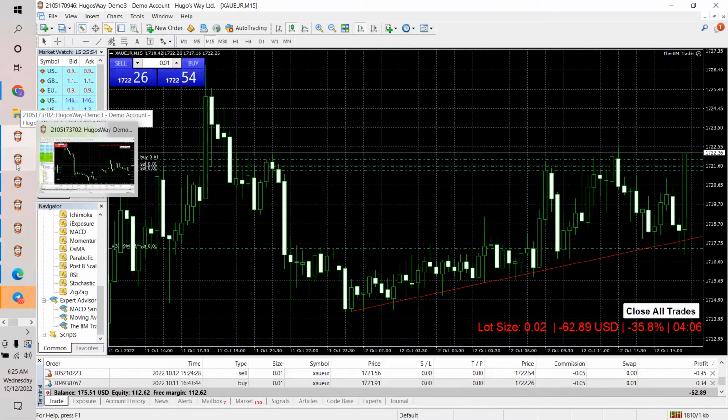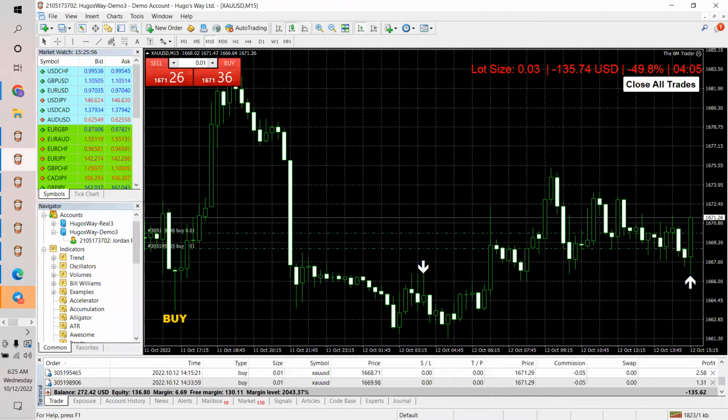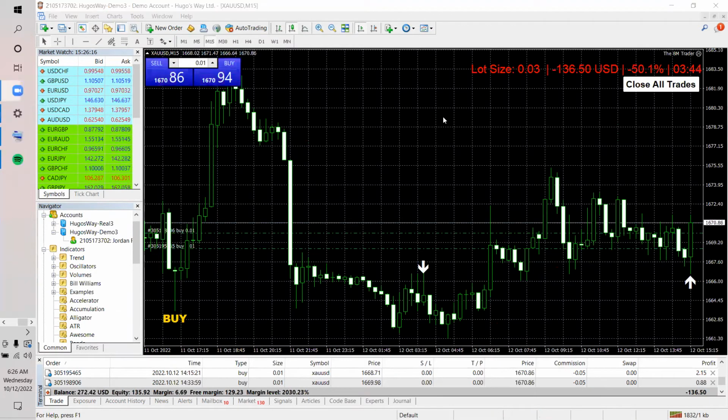But as far as everything else is concerned, we are definitely moving forward in the right direction. As far as any updates I can give everybody, I'll let everybody know as soon as those updates are available. I definitely just wanted to show everyone what's going on with these trades so far. So further updates, I'll be right back.